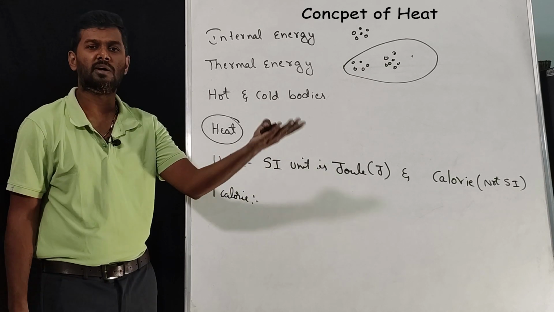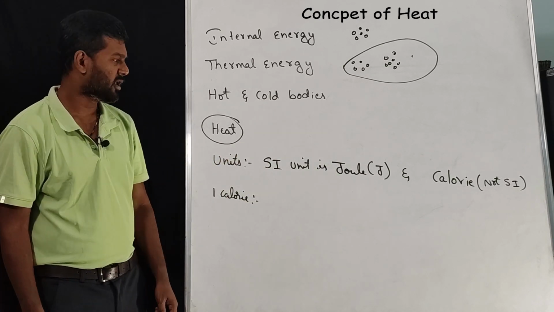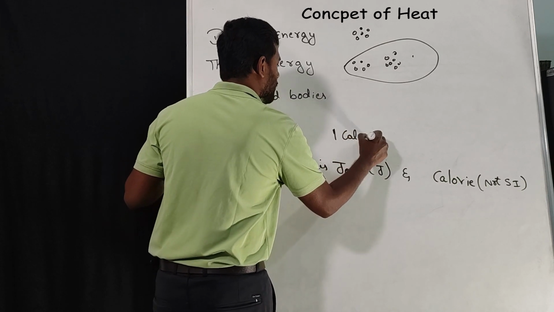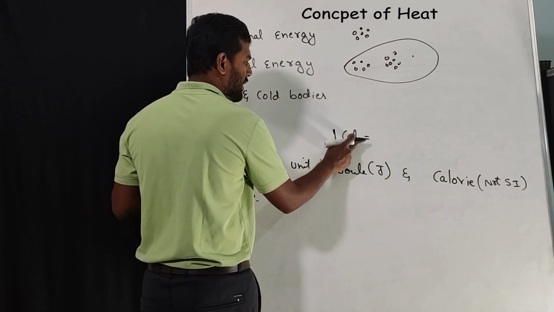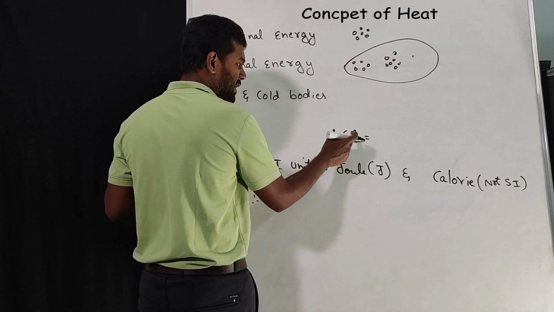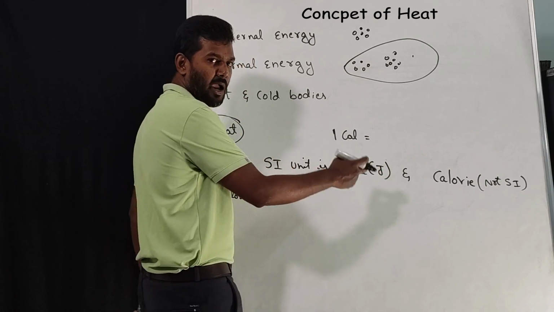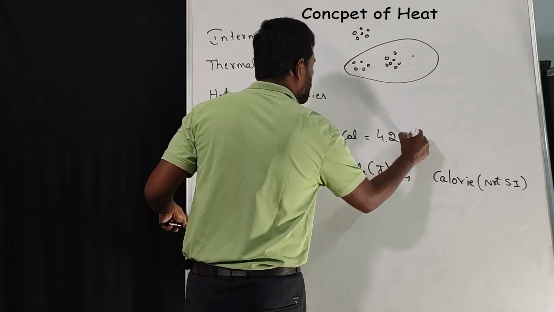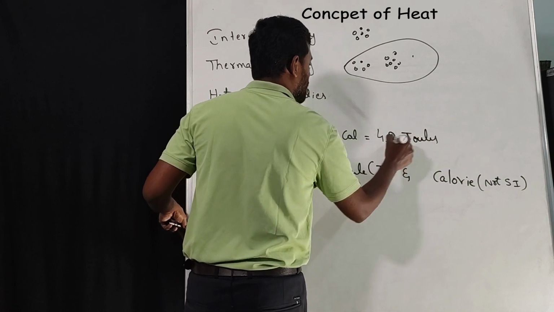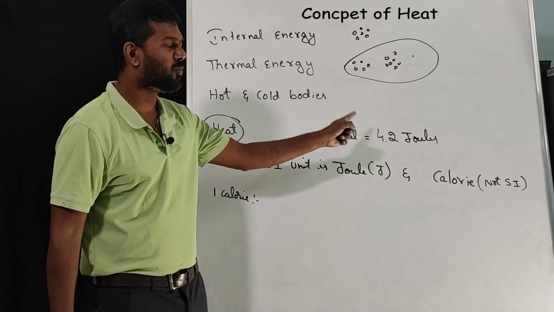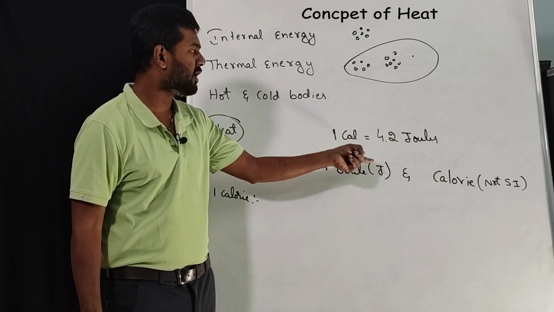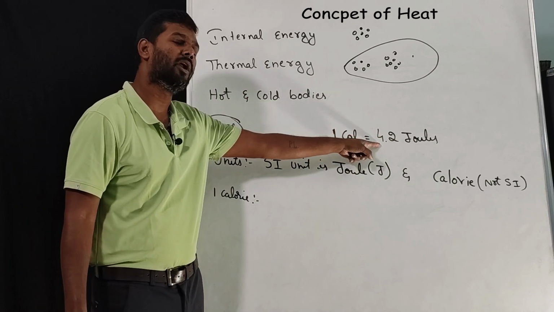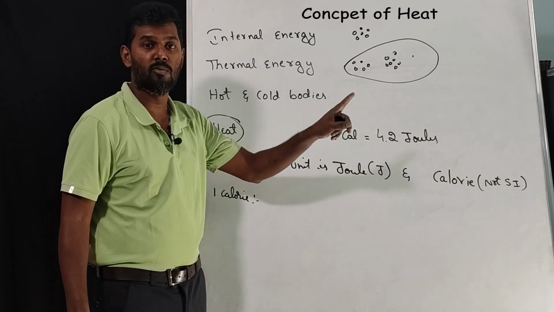Instead of joules, we sometimes use calorie also. Calorie can be written in short form as cal, and joule as capital J. So 1 calorie is equal to 4.2 joules. The actual value is 4.186, but we round it off to 4.2 to make the calculation easier. In the exam you can take 4.2, you will get full marks.